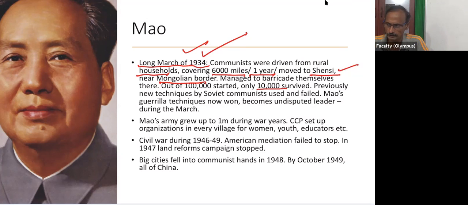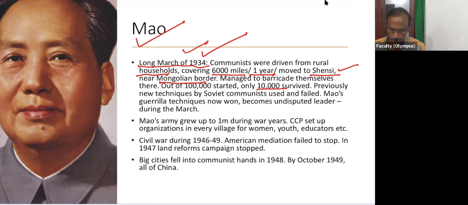So that Soviet advisor was done away with, and Mao became the leader. Another important person was Zhou Enlai. He was also an important leader. So by 1934 Mao became an undisputed leader.